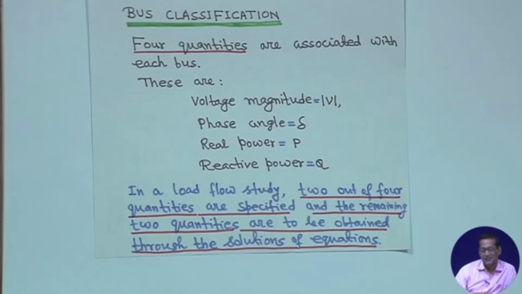In that case the Jacobian matrix we will see in load flow studies will become a function of frequency also, and of course you can follow the same Newton-Raphson method, but with a lot of modifications.